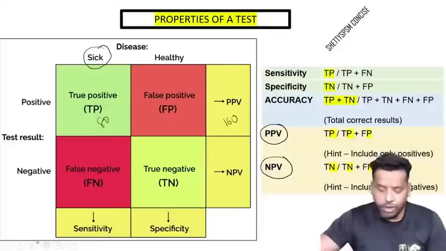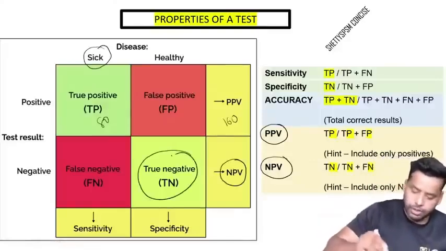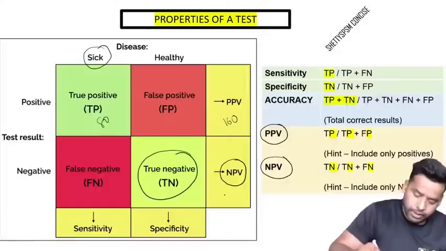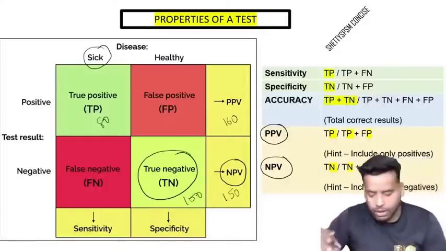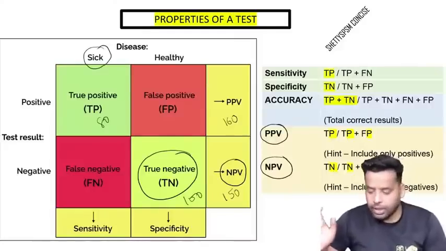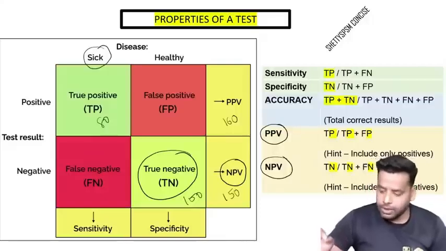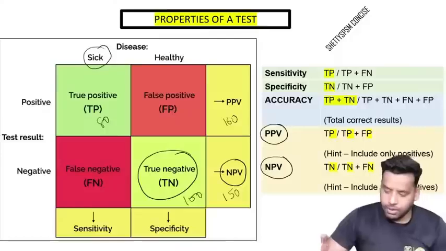In the same way, out of total test negatives, how many are normal? For example, out of 150, if 100 are normal, what is this? Negative predictive value, which will help in exclusion.